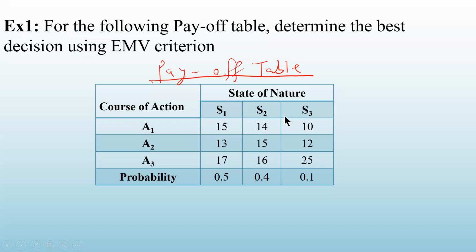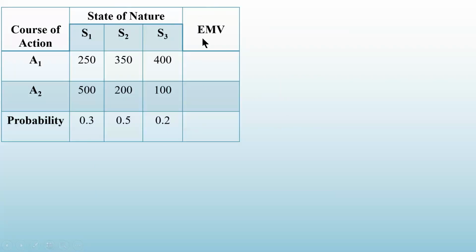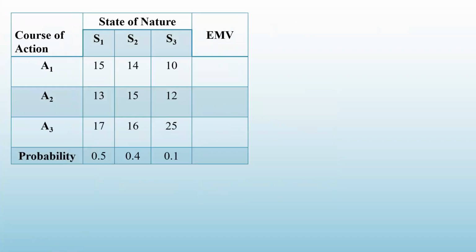So look at here, I have prepared the same table and make a column for EMV. This is the problem, no? So we have to find out EMV for A1, EMV for A2 and so on.